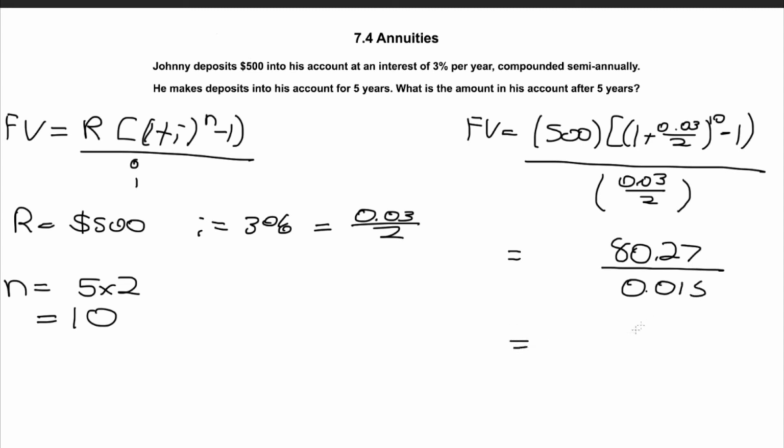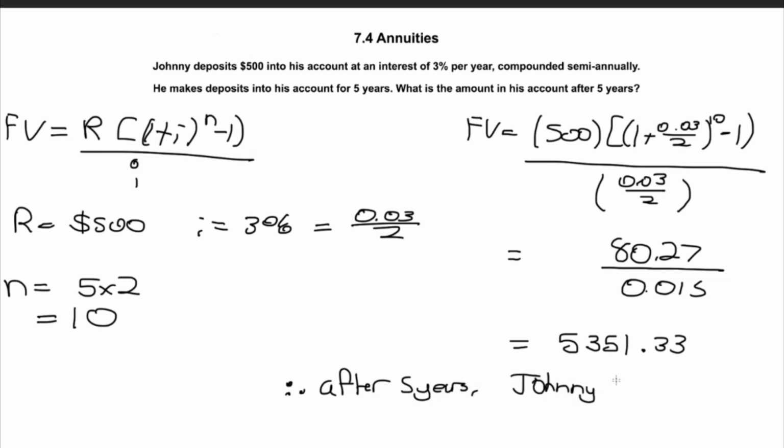Now when you divide these two terms, the answer you should get is 5,351.33. So therefore, after 5 years, Johnny has $5,351.33 in his account.